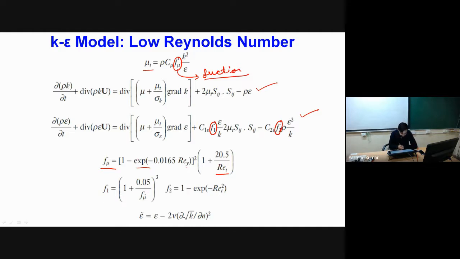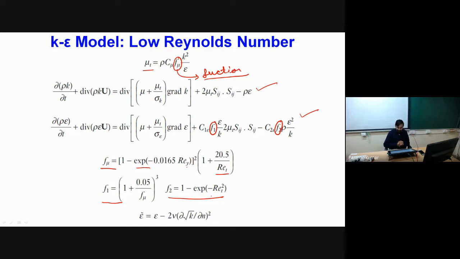Similarly, in terms of Fu, I can define these functions F1 and F2. So these are nothing but the correction terms to our equation. Which equation? Epsilon equation, because epsilon equation is the one which results in instabilities into the numerical solution while we are having actually stronger influence of the wall.